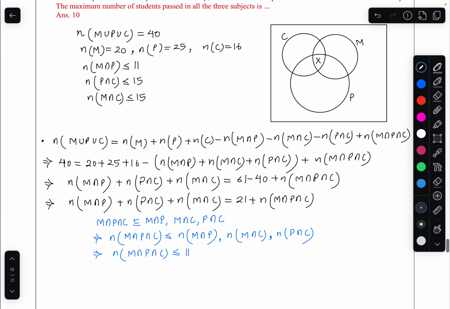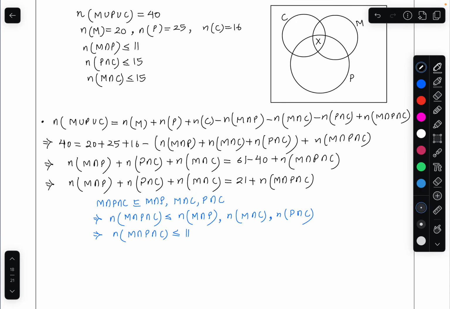So let's try this. I'm looking for the maximum possible value of M intersection P intersection C. Had it been equal to 11, let's consider this relation.